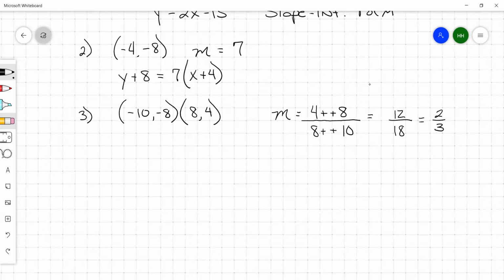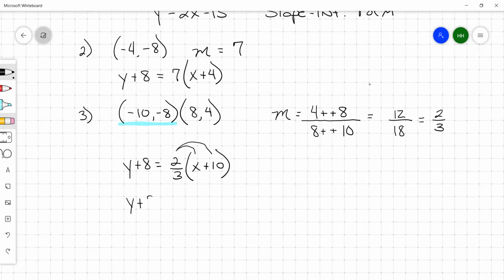So now we have a slope, and we're going to use this first point right here. We're going to write it in point slope form first. So we're going to say that y plus 8 equals 2/3 times x plus 10. We're going to do the same thing we did in number 1. We're going to distribute this slope.